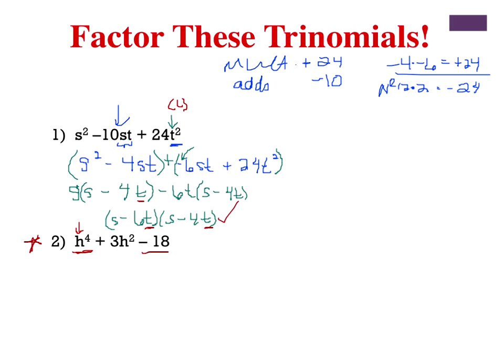You have to think, what's going to multiply to h to the 4th? Also, what's going to give us a negative 18 and a positive 3? Any ideas as you're working on these?